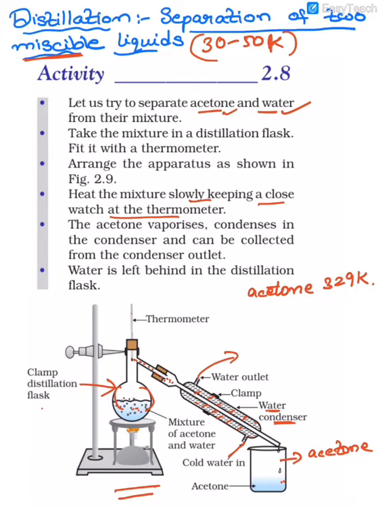Then we can change this flask, and afterwards we can collect water in this. So the second time we will collect water in the other beaker. In this way acetone and water are separated.